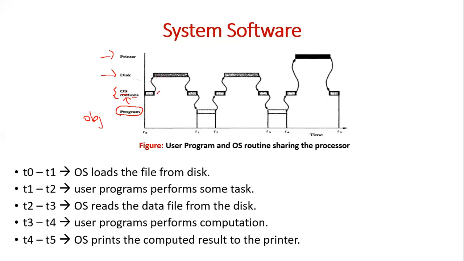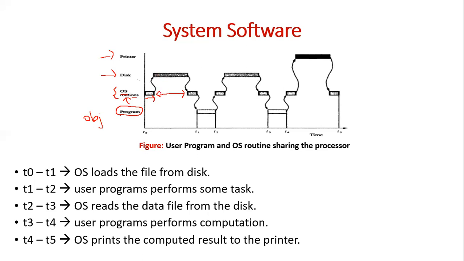That is what is being done during time T0 to T1. This is the initialization period, during which the program requests the OS routine to load that particular file from the hard disk to the memory.